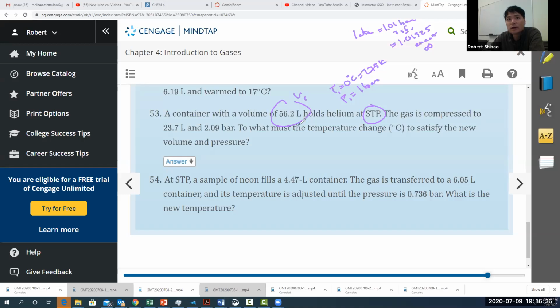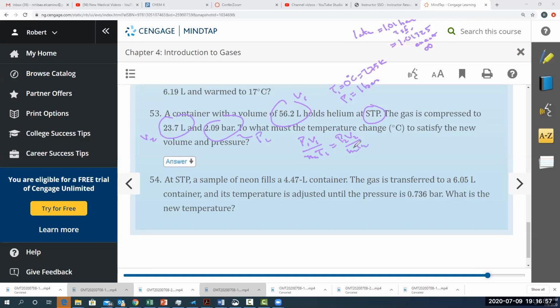The gas is compressed to 23.7 liters. So this is V2, and 2.09 bar, which is P2. Let's go ahead and do that. So we have P1 V1 over N1 T1 equals P2 V2 over N2 T2. The number of moles, or the amount, doesn't change.